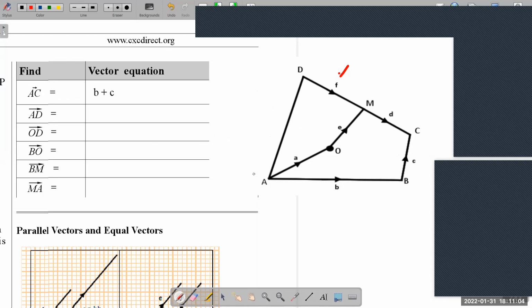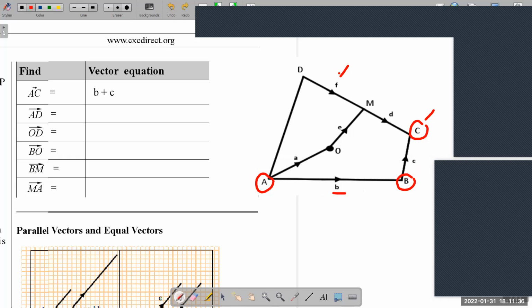Where is A? This is A. Where is C? This is C. Obviously you have two ways you can go to get to C. You could move in the direction of B. As you realize, this entire line is represented by B, and this is going to take you to point B. Then if you travel along C, you get to point C. Everybody understand the basic movement of the vectors in this case?